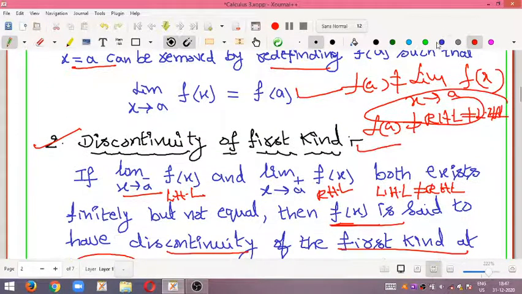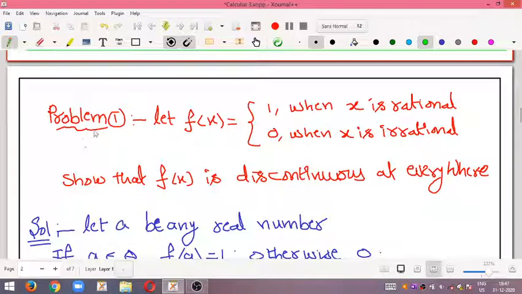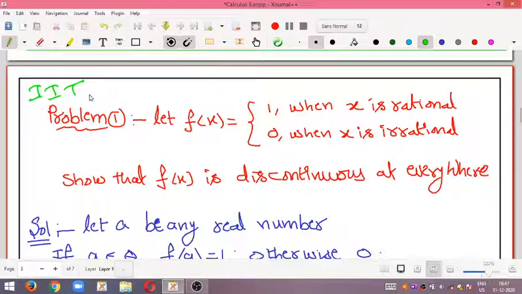First problem, see here. Problem 1. This is an IIT question. In IIT they asked this, and for JAM also this is important.